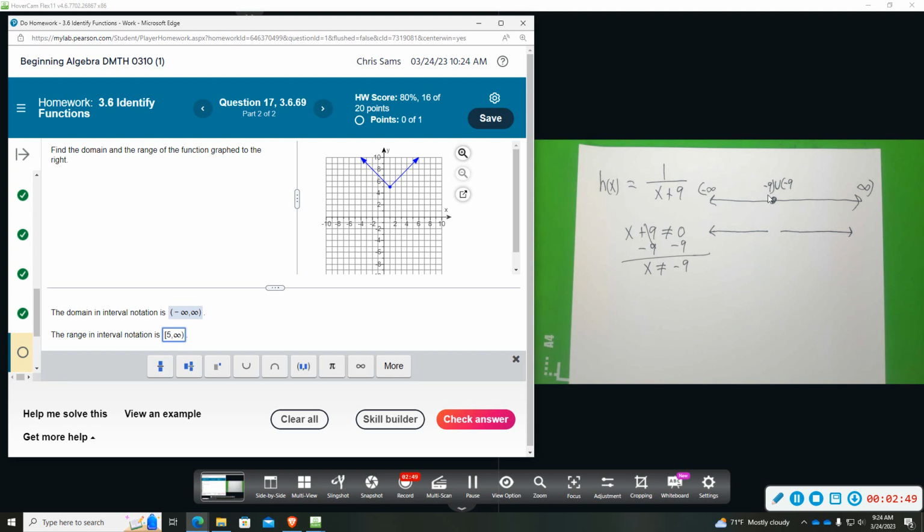We were just using it as an approximation or an endpoint that we're getting close to or going toward. Same thing with infinity. We're going toward it, but we don't actually reach it. So you want to do a bracket with the 5, parentheses with the infinity, and then that's going to be our range.